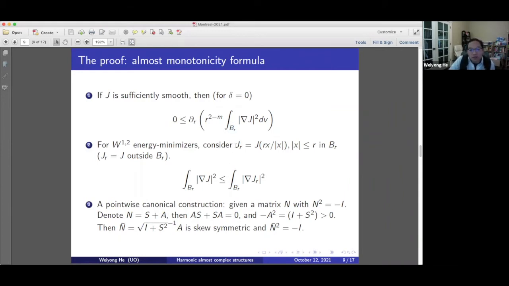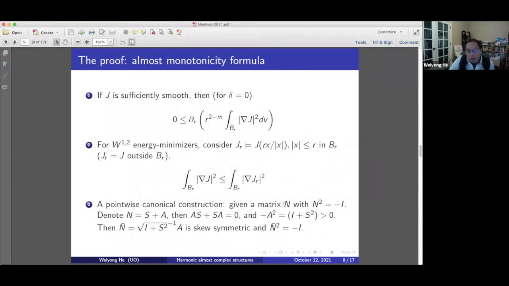But in our setting, since there is an almost complex structure that is not compatible with the metric, one needs to modify this setting. So we need a canonical construction. Basically, it's a pointwise decomposition of a matrix. Suppose we take the metric to be the identity matrix at a point.